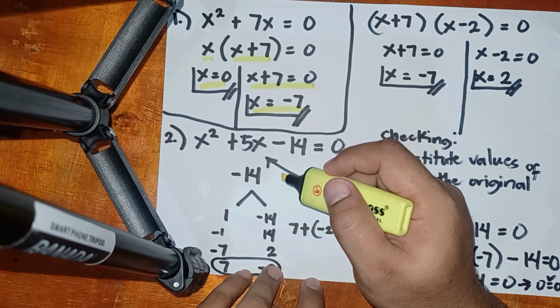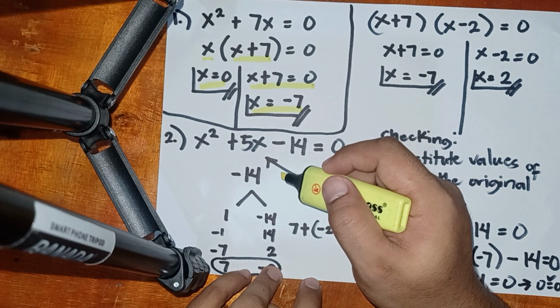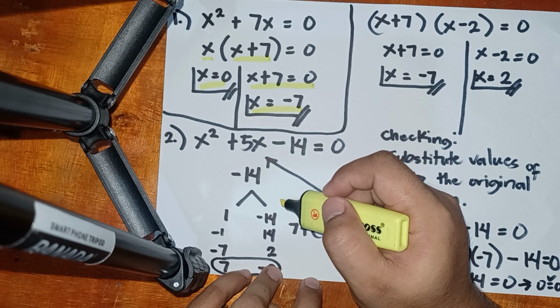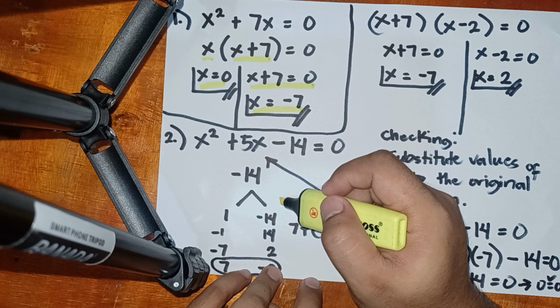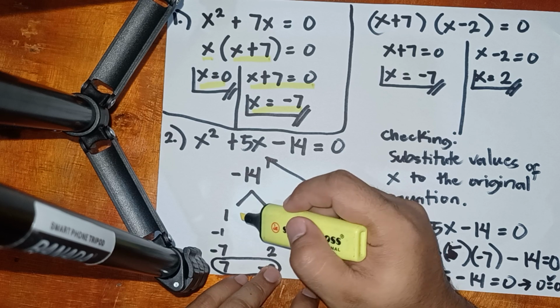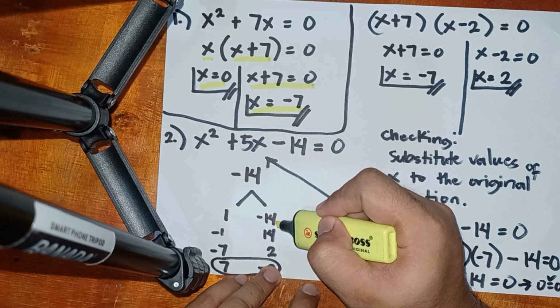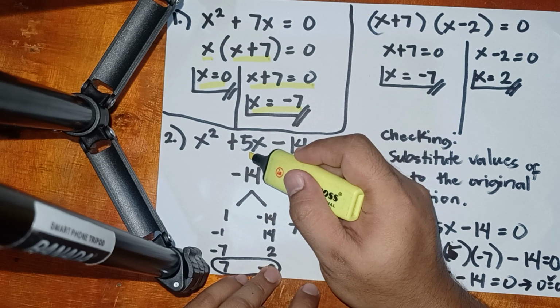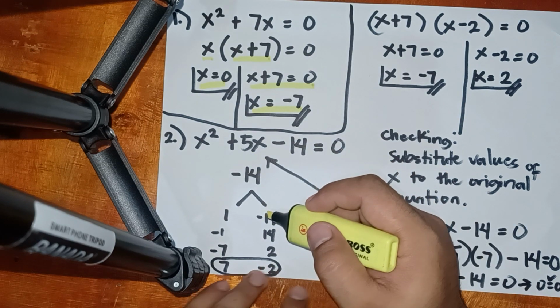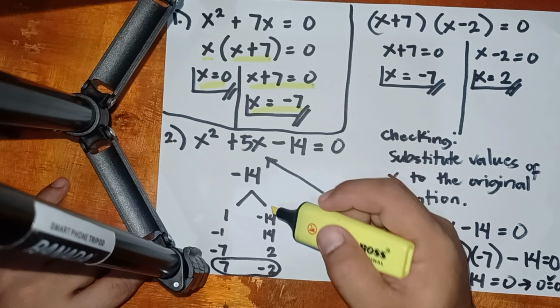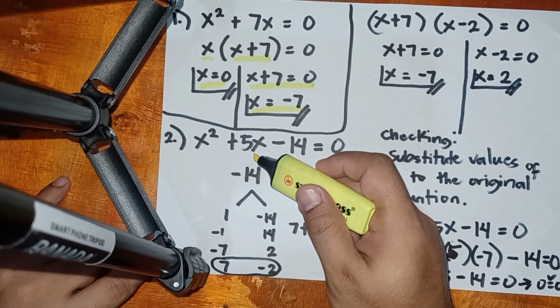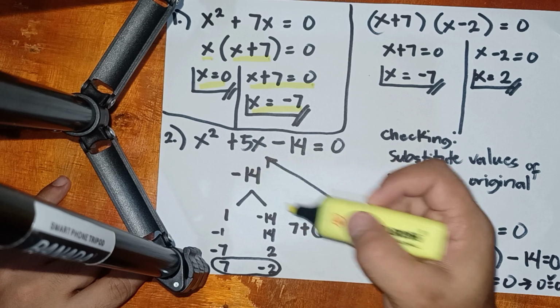Since it's negative, we're sure that either of those factors is negative. But if you add that, it will not result to positive 5. Next, negative 1 and negative 14.